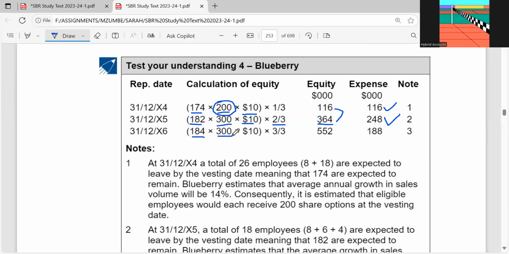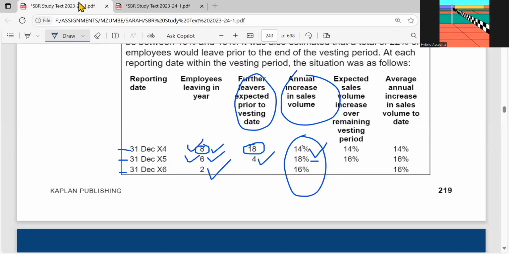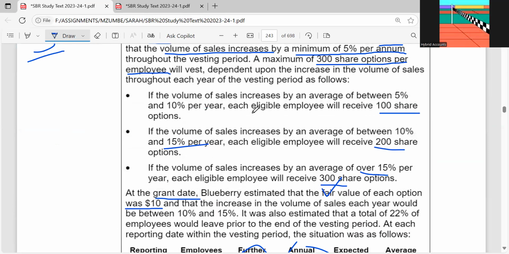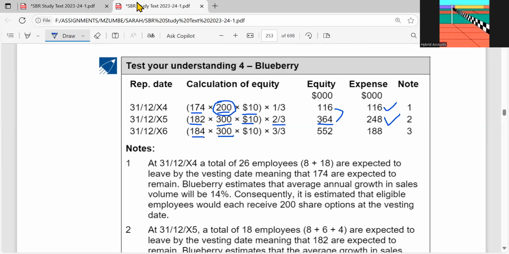Okay, how do you get these options? How do you get the 300? You do the same. What was the performance? 16%, right? The increase in sales volume was 16%. But our condition for sales increase per year lies here. It's over 15, which gives you 300 share options, right?